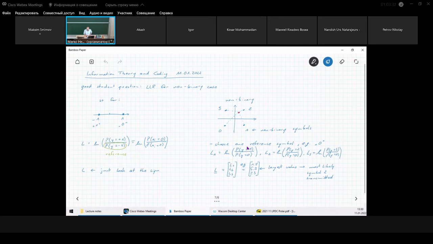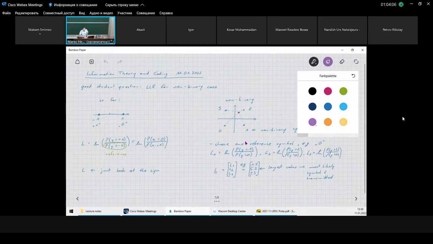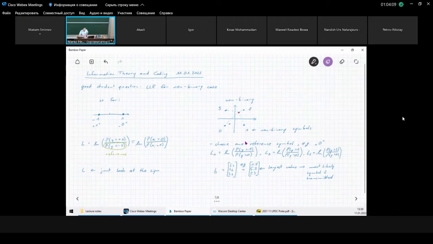Then you will see the 0 is more likely. The log likelihood ratio will be negative here, this one will be negative, and this one will be negative. Of course, we could also select the largest one from the absolute value, but in any case, this will tell us the 0 was more likely than the other values.